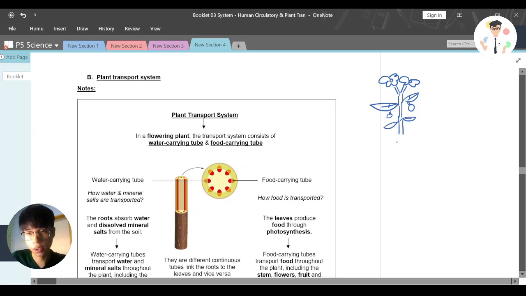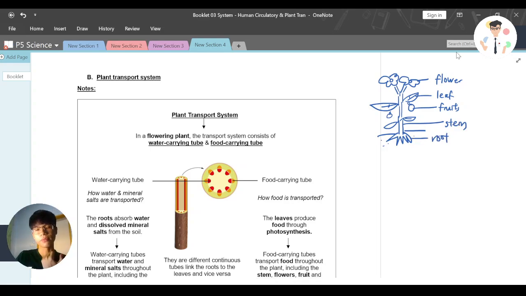Okay, so this is the roots. So you can see this is flower, this is leaf, this is fruits, this is stem, this is root.